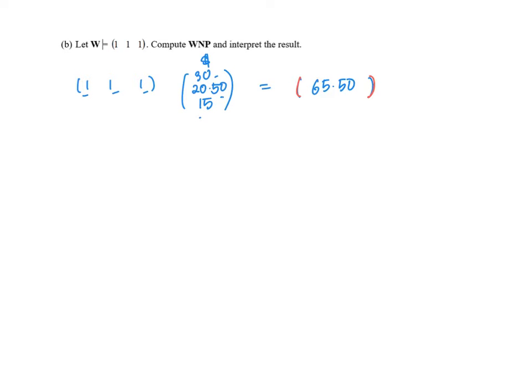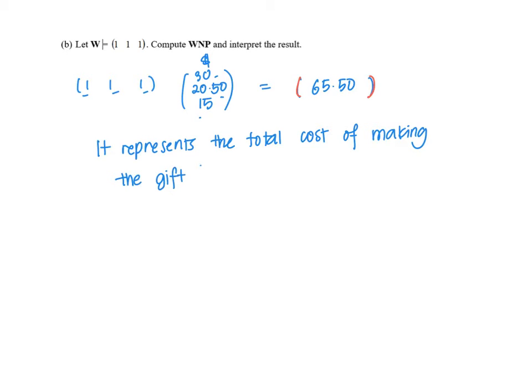It represents the total cost of making the gift baskets. Okay, and this one is simpler because they have no other special components to mention. So have you gotten the answer? Let us move on to the next question.